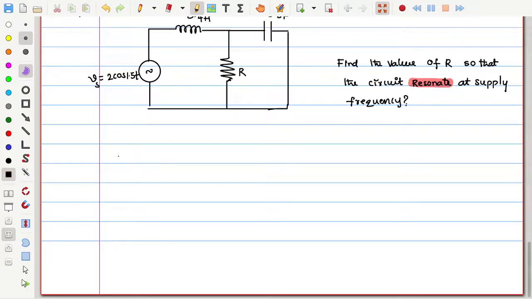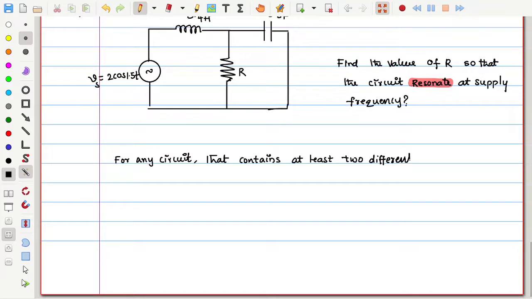For any circuit that contains at least two different reactive elements, meaning one inductor, one capacitor, or two inductors, one capacitor, or four inductors, one capacitor.